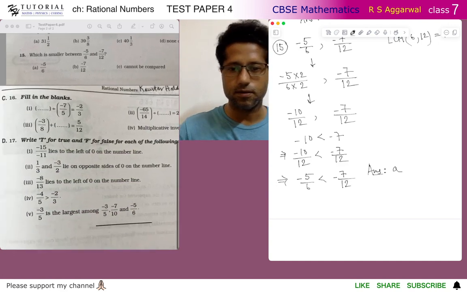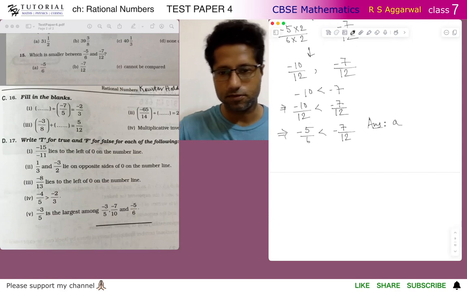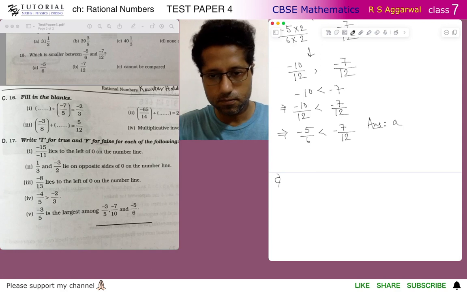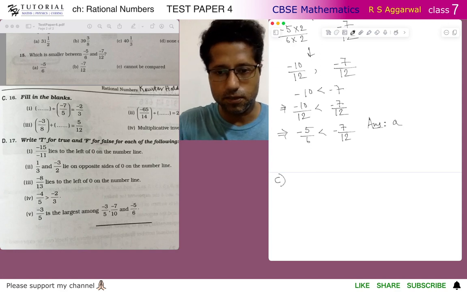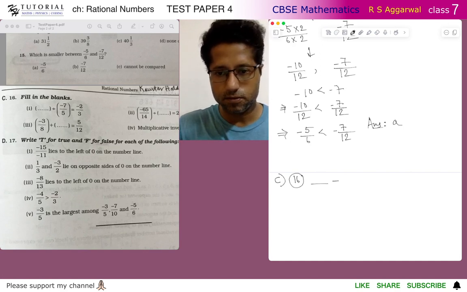Question number 16. So this is section C. Question number 16. So it's a fill in the blanks problem. We have blank divided by minus 7 by 5 equals minus 2 by 3.